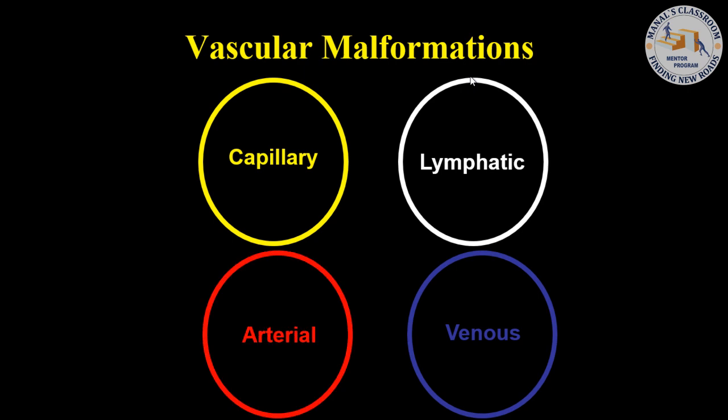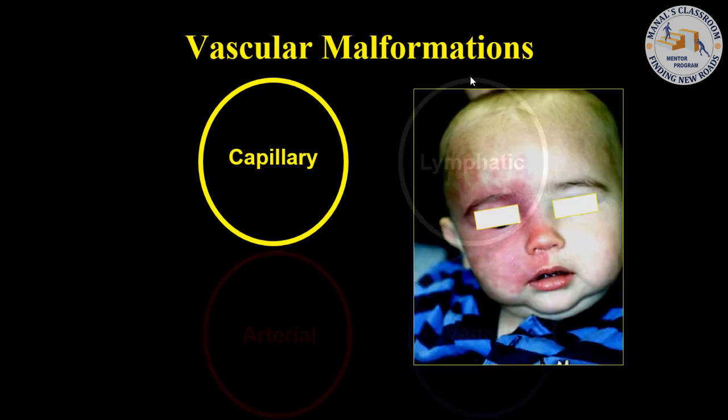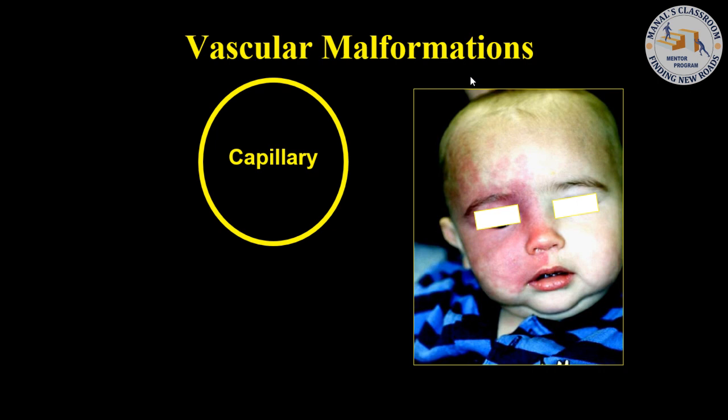Those are the four types. We'll go over each different type, and once we understand each individual type, we can take it to the next step and talk about the more complex malformations. The first vascular malformation that we'll talk about is the capillary malformation.